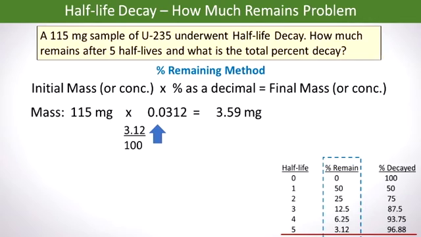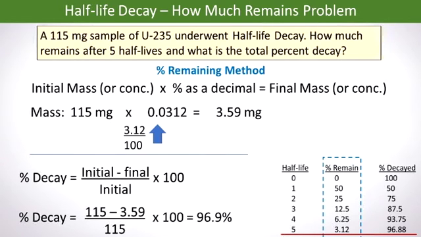And when we calculate the 115 milligrams times 0.0312, we obtain 3.59, which also has 3 significant figures. The 3.59 then represents the amount of uranium-235 remaining after 5 half-lives.